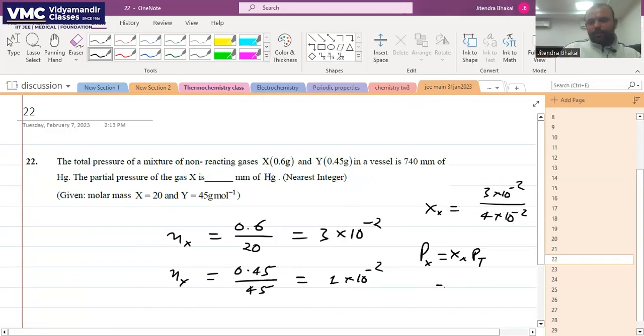So the partial pressure of X is equal to 3 by 4 into 740. So we will get the value 555 here for the partial pressure.